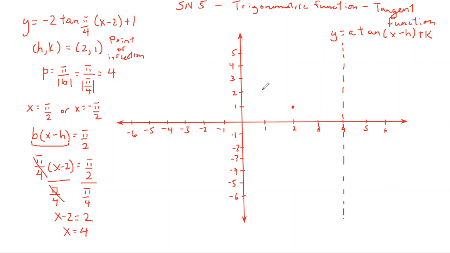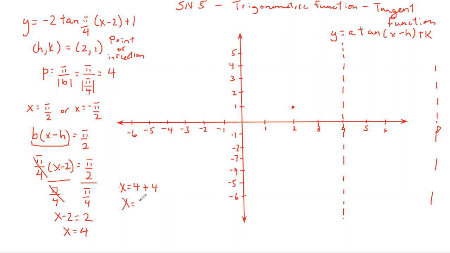So from here, this is where the period comes in. I now know that from this one asymptote, I could subtract or add the period. If I take the x asymptote and add the period, my next one would be found at 8, which I'll just quickly sketch here, but it's not necessary in our scenario.